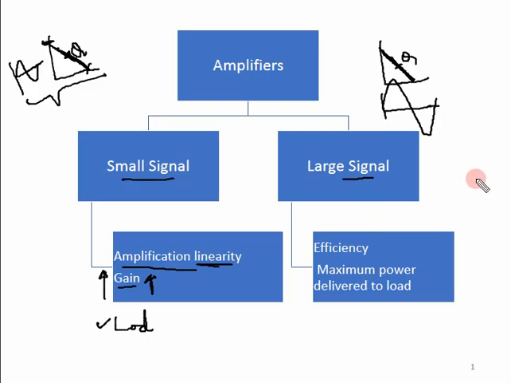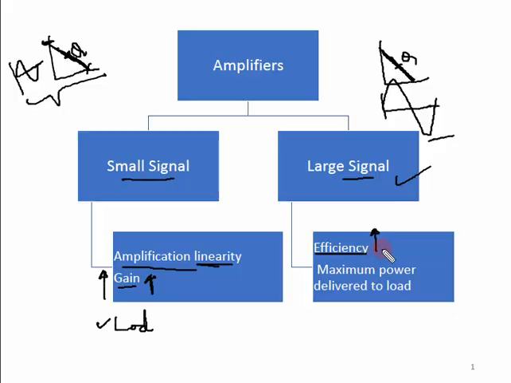Now over here in this chapter number 7, we started with class A amplifier, and we discussed that this is a large signal, so the concept is clear. And our main concern of this large signal is efficiency. How we can increase or improve the efficiency, and what are the parameters that define efficiency.